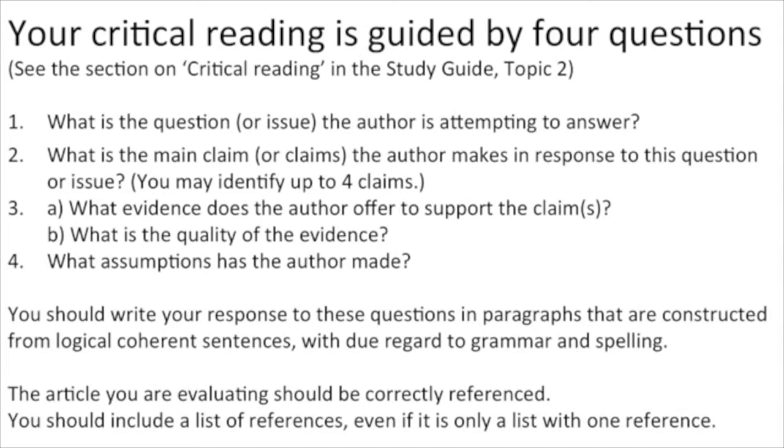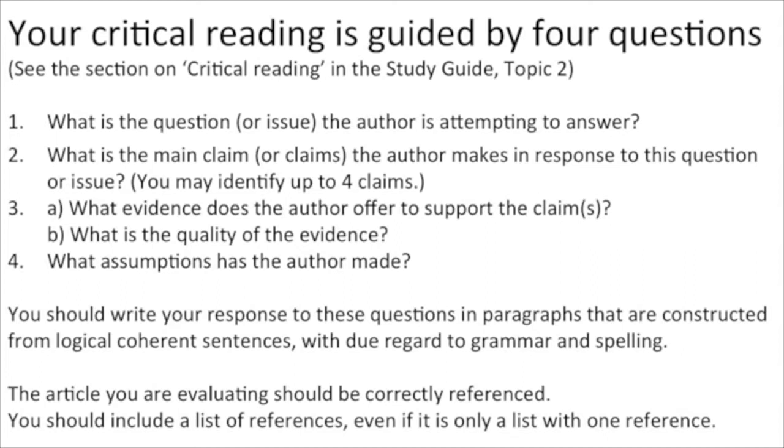So the first question that you answer is: what is the question or issue that the author is attempting to answer? You might like to think of this in terms of a conversation that might be happening in public, either in the media or amongst academics. What is the issue, or what's the conversation that people are engaging in this area?